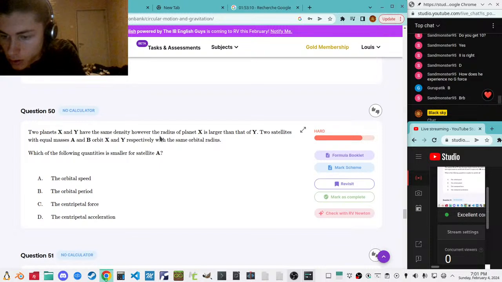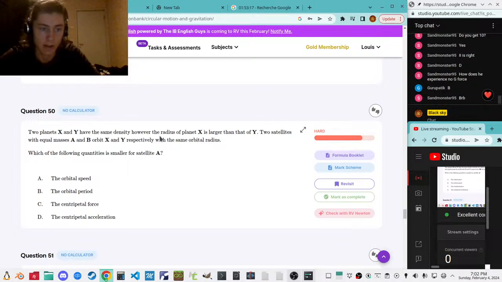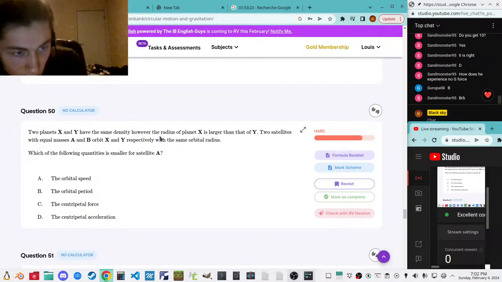Let's just check. Right, okay. Two planets X and Y. Let me draw because my brain is dead. They have the same density. However, the radius of planet X is larger than that of Y. Two satellites with equal mass orbit X and Y respectively with the same orbital radius.